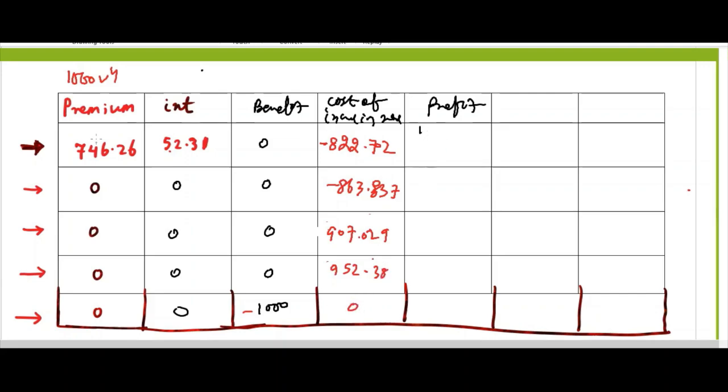Now tell me profit. This plus this minus this. That is your profit. Tell me what is profit. Minus 24.15. Then this minus this.